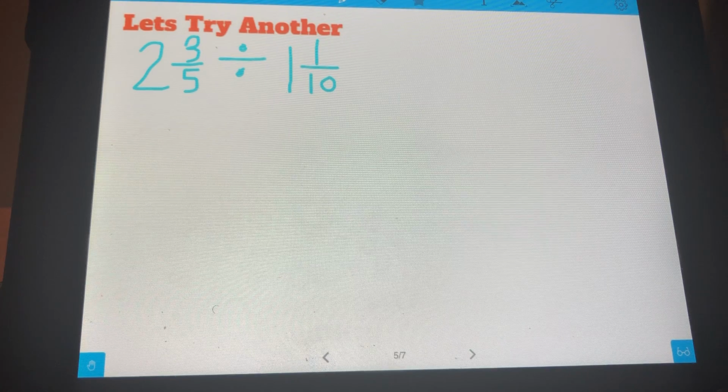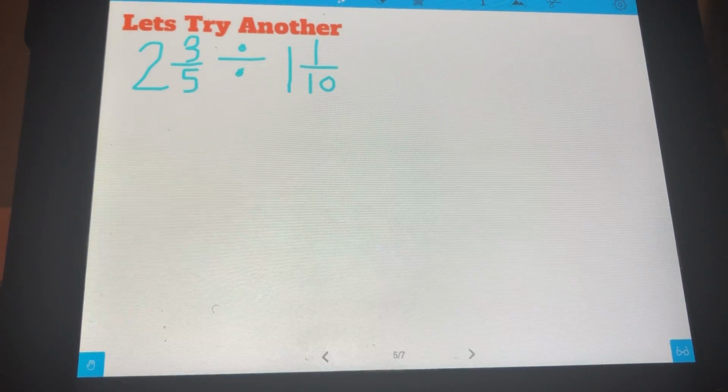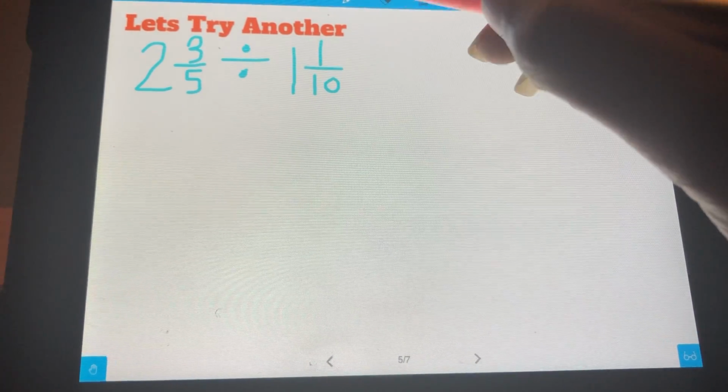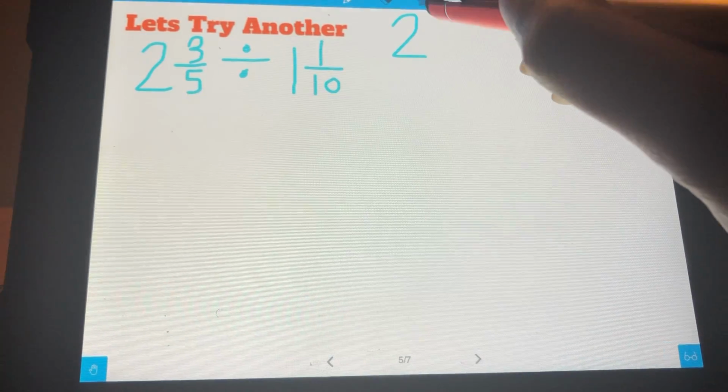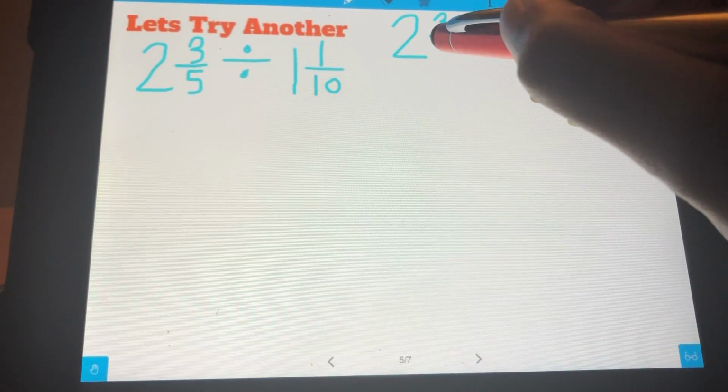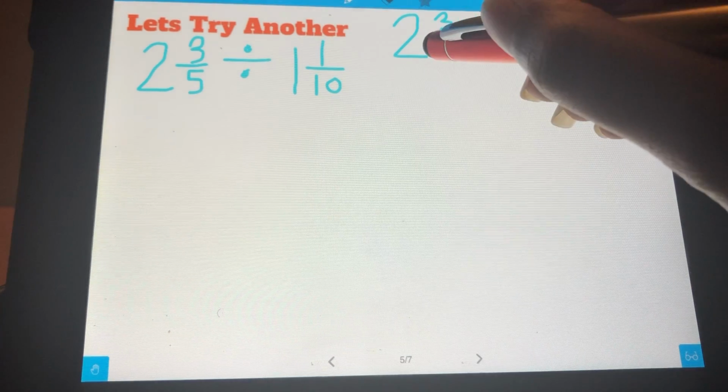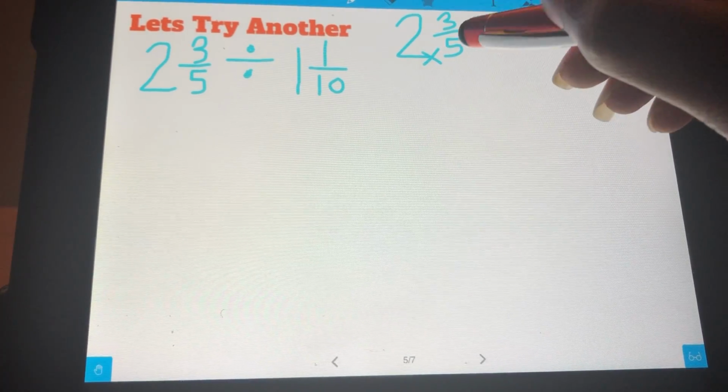Let's try another one. As you can see here, we have 2 mixed numbers. So we're going to have to change both of these into improper fractions before we can do anything else. So let's go ahead and get to it. So we have 2 3/5. We're going to multiply our whole number in our denominator.